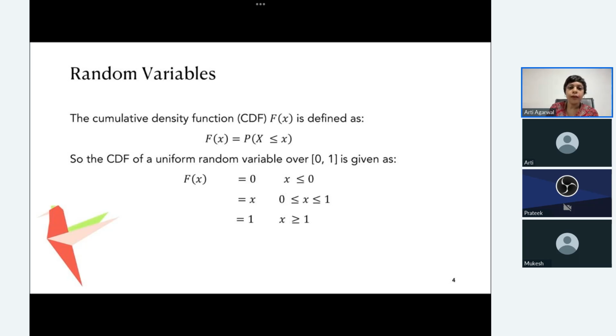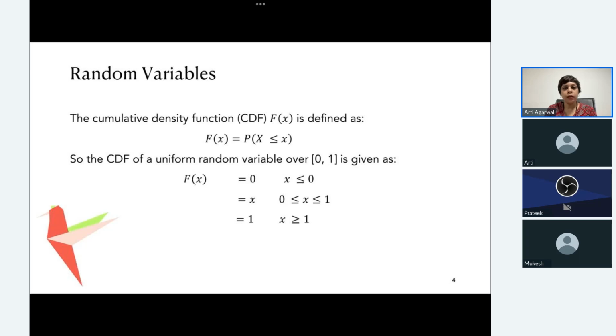And the value of the CDF is given as below. To make matters simple, I've taken this as the uniform variable over the interval 0 comma 1. So if you want to know the probability of capital X less than or equal to small x, when x is lying in that interval 0 comma 1, then that is simply equal to x. And this is not particularly complicated, because the CDF is nothing but the integral up till that value x, and this is what you get, right?